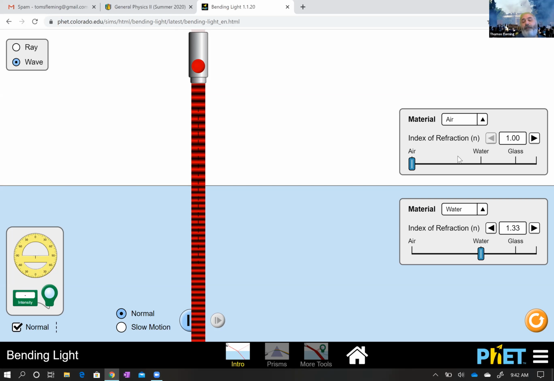However, there is something a little bit different once the beam enters the water. To understand that, you have to realize that the speed of light that we talked about on Thursday, 2.99 times 10 to the 8th meters per second, that's the speed of light in vacuum. It's the speed of light when it's traveling through empty space and not having to interact with any matter.